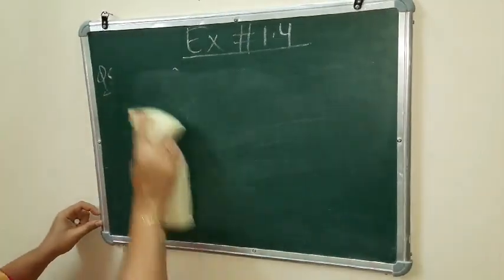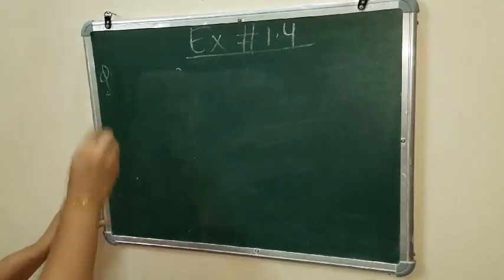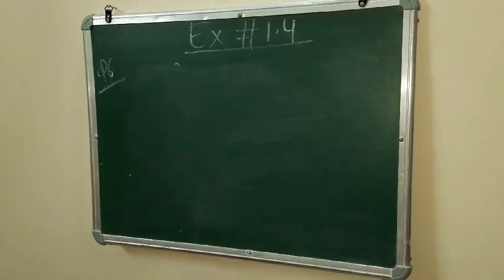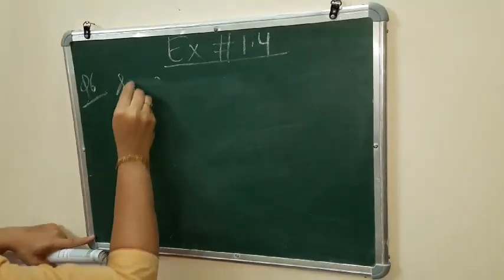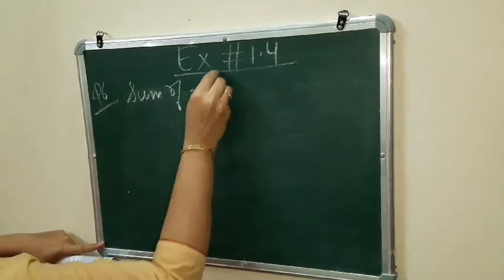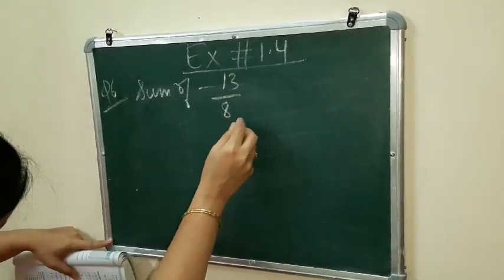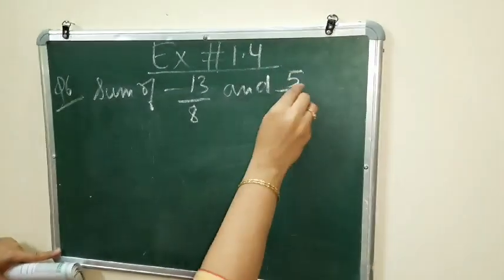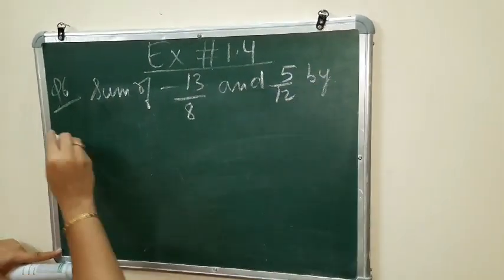Question number 6. Question number 6 is, divide the sum of minus 13 by 8 and 5 upon 12 by their difference.